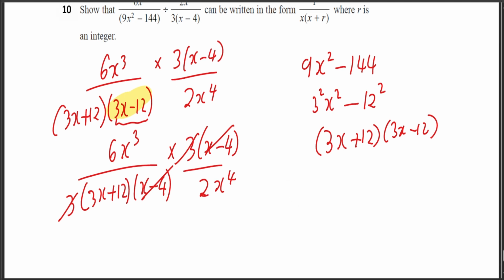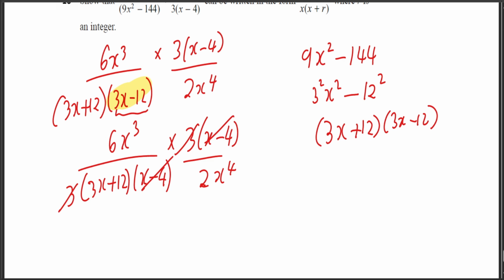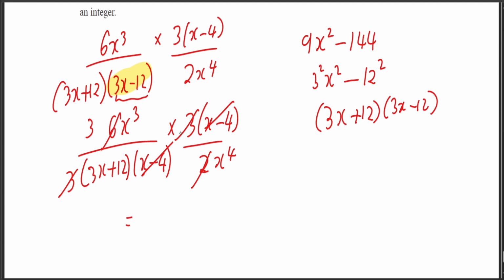Okay, and then another thing that usually cancels out is this and this, and you remain with 3x cubed, and again this is x cubed, so 3x, and then you just remain with 1x at the bottom.